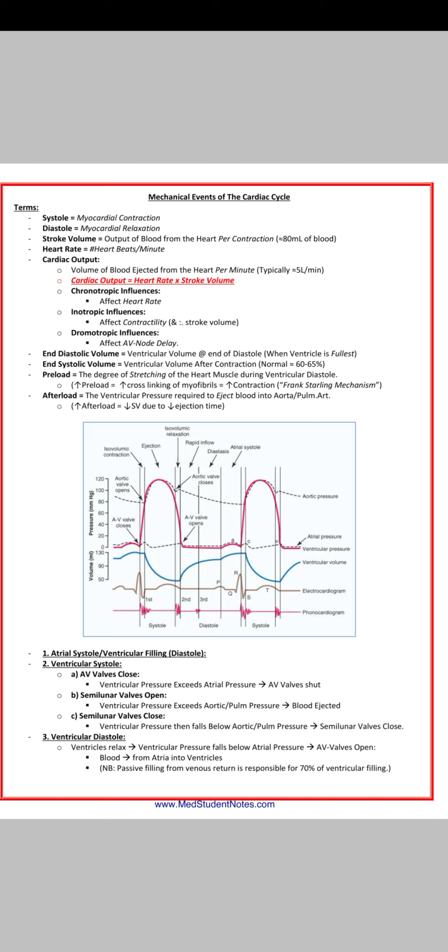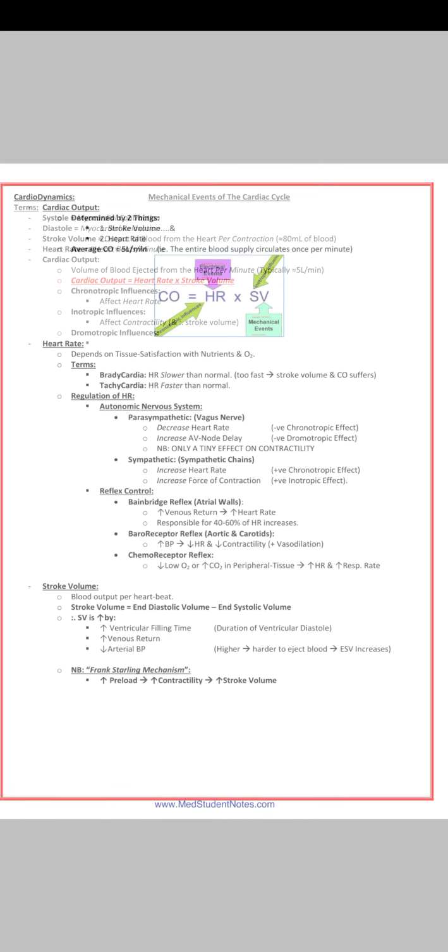The ventricle is filled, so this causes an increase in preload and in the cross-linking of myofibrils. It increases stretching, the cross-linking of myofibrils increases, and this causes an increase in contraction. That is the Frank-Starling mechanism.